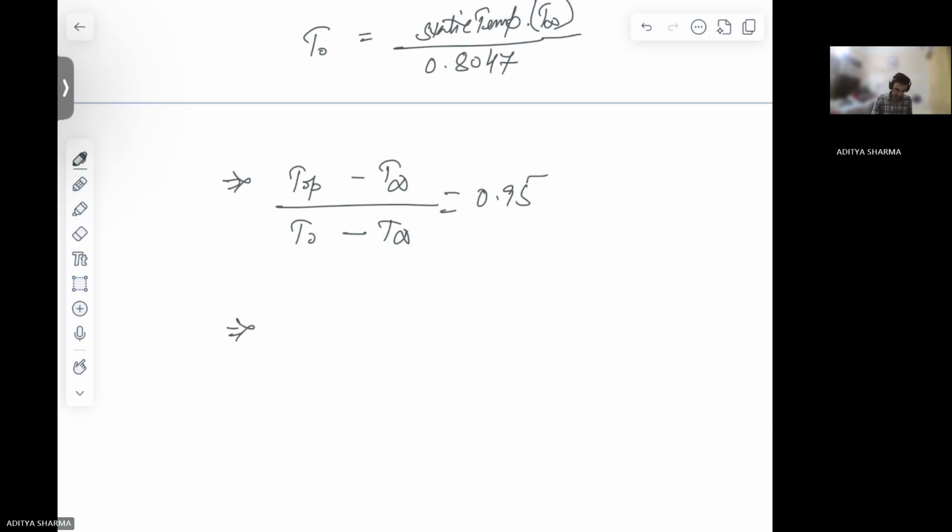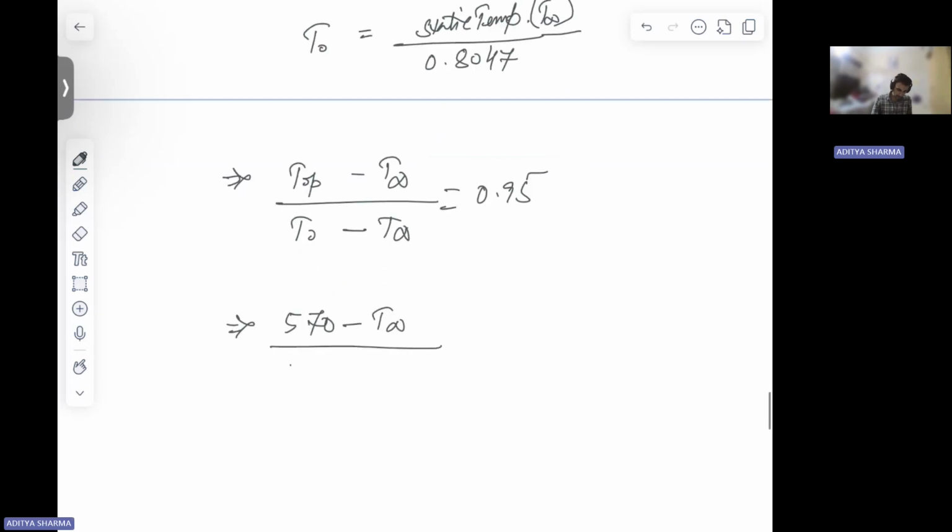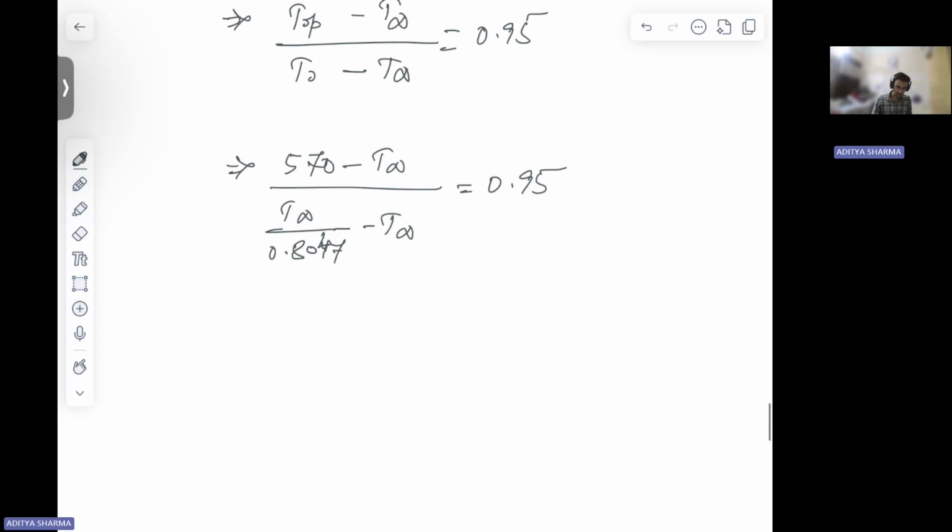This implies 570 minus T infinity divided by, now T naught is T infinity by 0.8047, minus T infinity, equals 0.95. Which implies 570 minus T infinity is equal to 0.95 into (T infinity by 0.8047 minus T infinity).